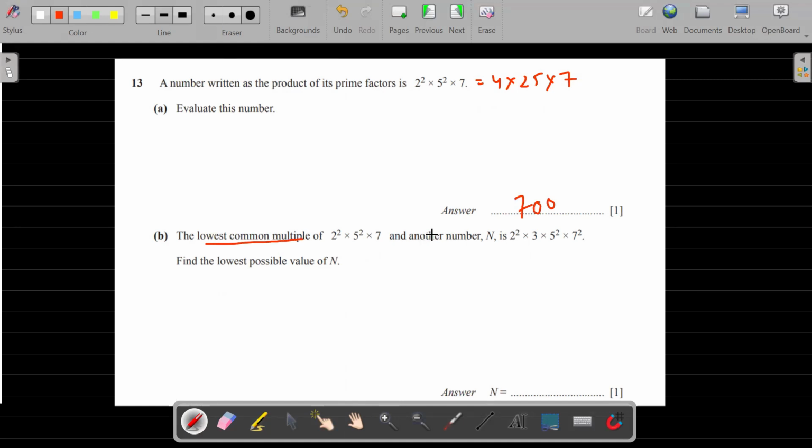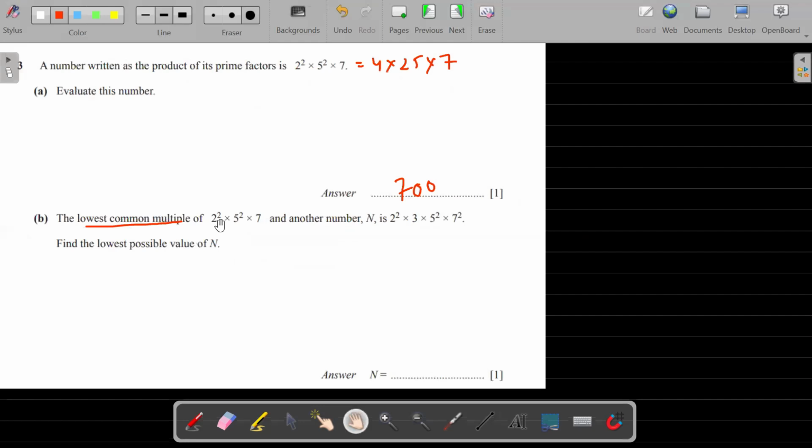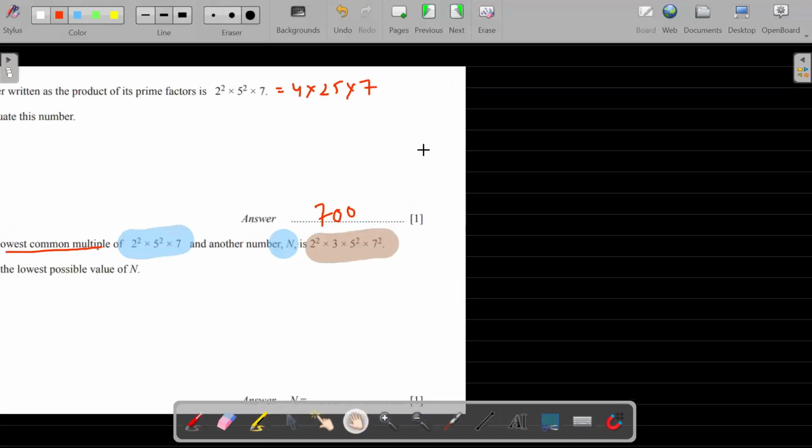Now it says LCM of the number. Okay, let's do that. LCM of this number and there is one more number n, and this brown highlighted one is the LCM, which is given. So it says to find the lowest possible value of n. We need to find the value of n. I'm going to do this over here.